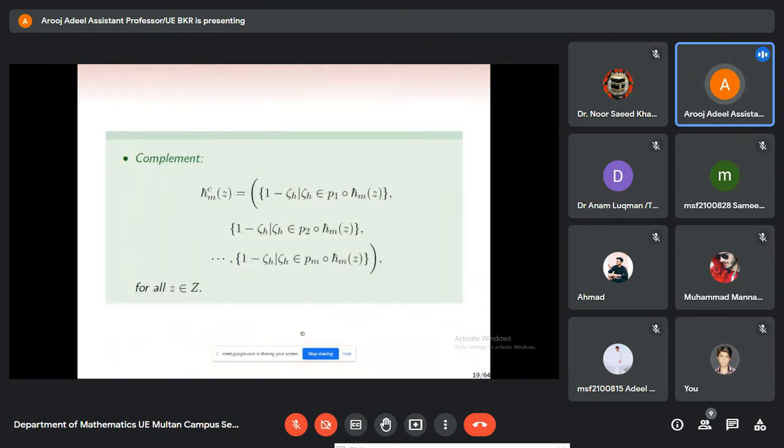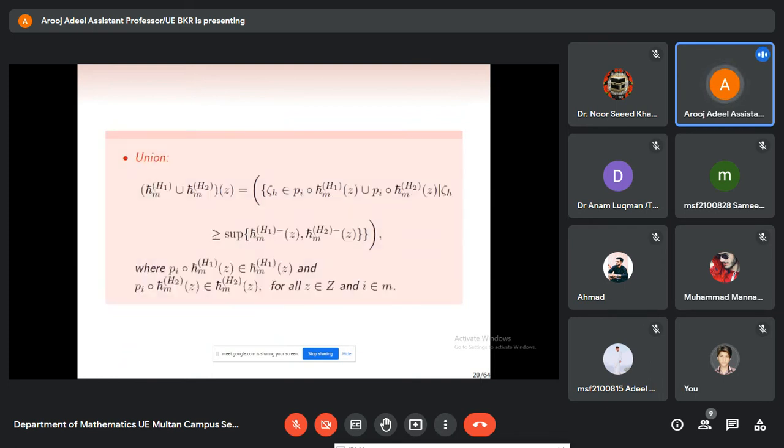The next operation is the complement. Complement is just the simple complement, like for the M-polar fuzzy set or hesitant fuzzy set: we take the difference from 1 to the membership value. Like in this tuple, we take the difference from 1 of each membership value, which is a set.